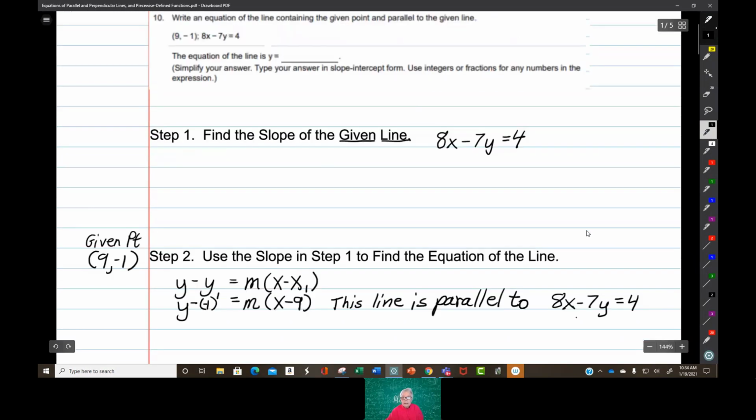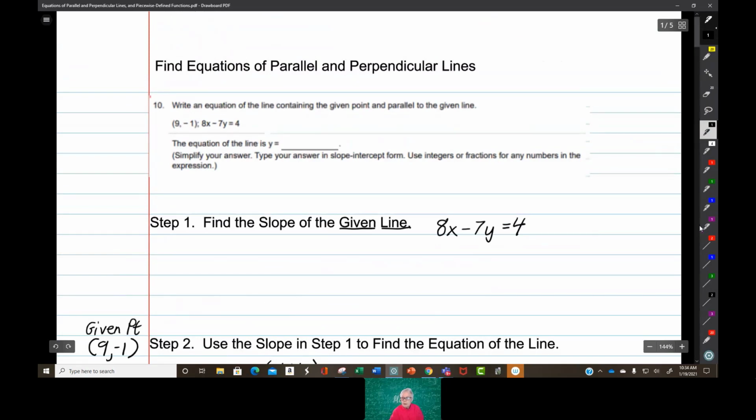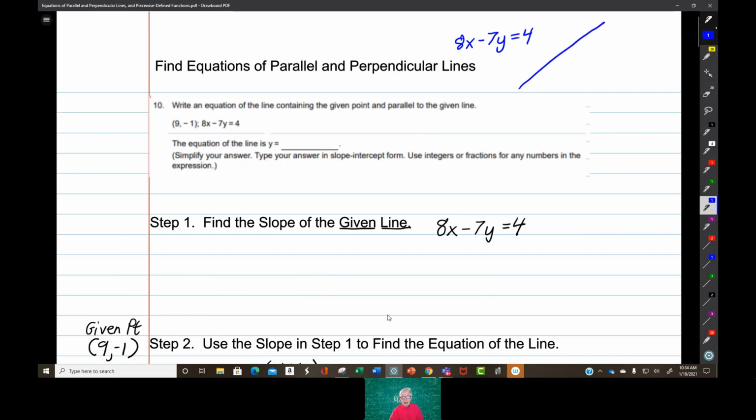And I'm going to hazard a guess without knowing for sure that generally speaking, 8x minus 7y equals 4 looks something like that. It's a straight line. And I believe the slope is positive, so it's going to be rising from left to right.